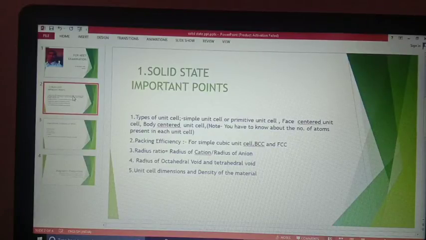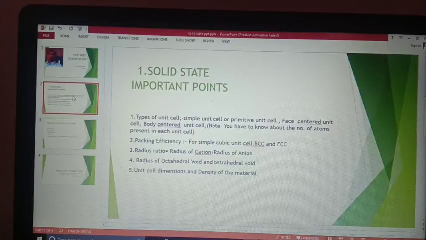For a radius ratio of 0.15 to 0.22, the coordination number will be 3 and the geometry will be triangular. Radius ratio 0.22 to 0.41, coordination number is 4, so it will be tetrahedral geometry.